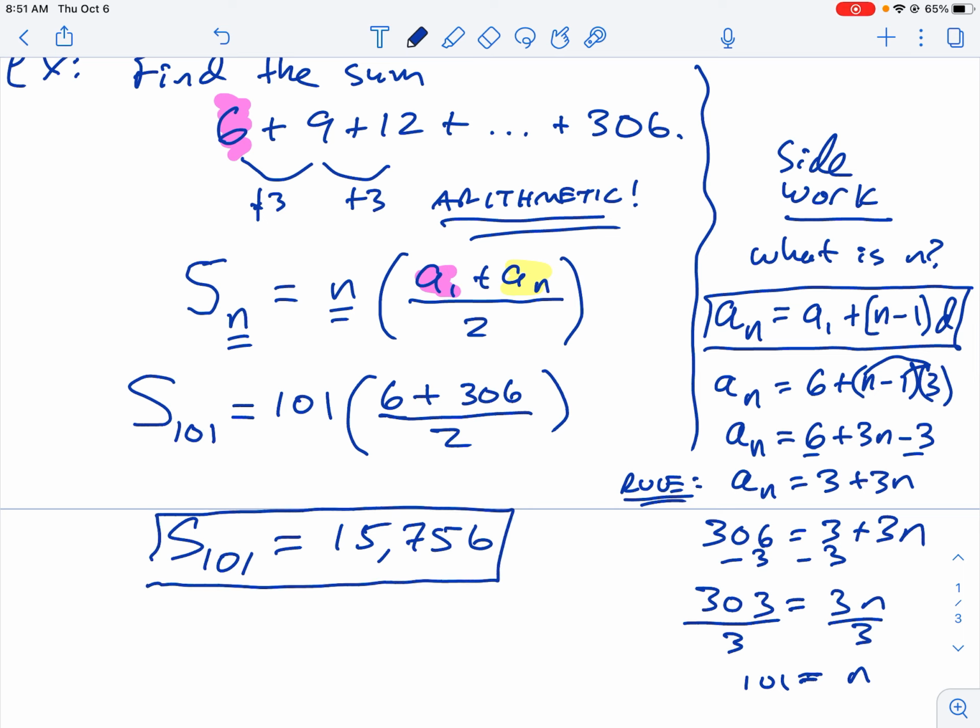You can see why adding these by hand or even just using the calculator and going 3 plus 6 plus whatever, not a good idea because the numbers get pretty big and it's easy to make a mistake, okay? Any questions on this problem in particular? This is a kind of challenging question. I put everything that we've been working on together right off the bat.